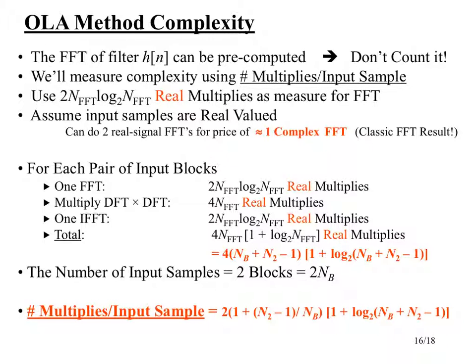I will say that historically people have focused more on multiplies because in the old days each multiply took multiple cycles to do, whereas an addition took a single cycle. So suppose you're measuring the length of tent poles and tent stakes.